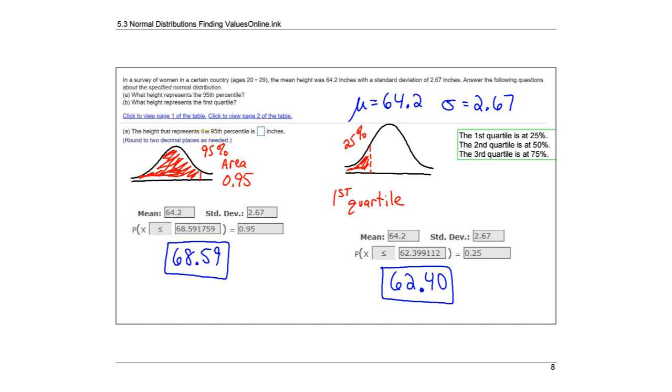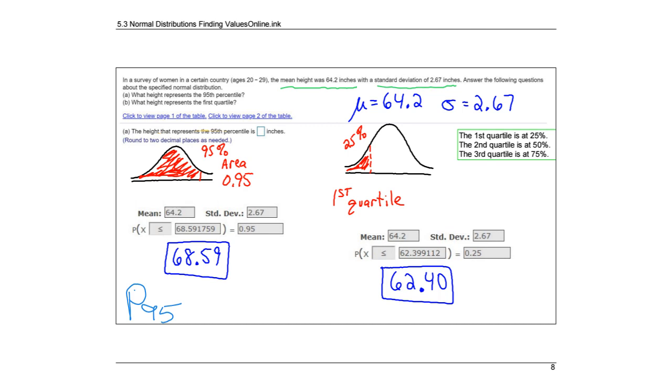All right, so let's start down here. That's like the problems we did in part 1, where we had P of 95. They did give me information up above. Notice up above, I didn't read the whole question. The mean height was 64.2 inches. The standard deviation is 2.6 inches.